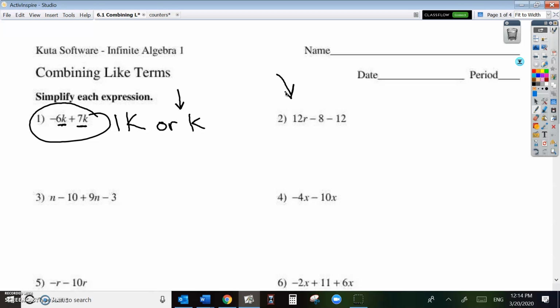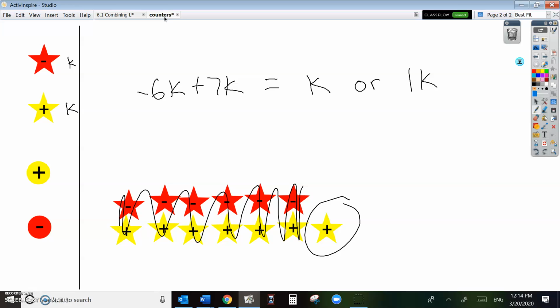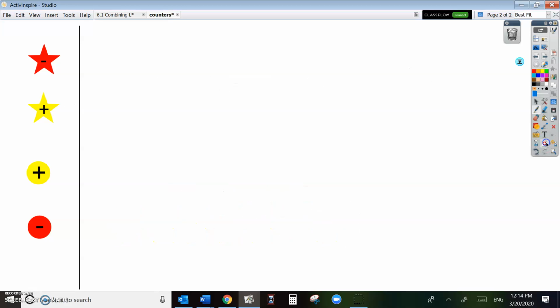Now, let's look at this problem. 12r minus 8 minus 12. For this problem, let's say that star equals r. So I've got 12 of those, and they're positive.